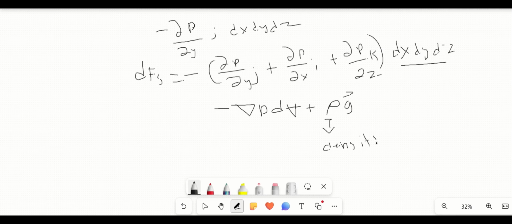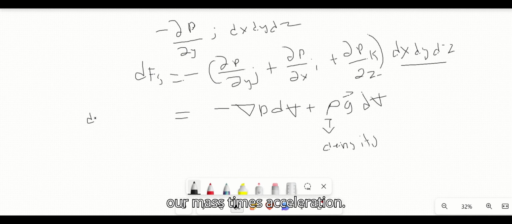Density times dv, so density, dm over dv, dv, and m times g. So negative del p dv plus rho g dv is going to be our mass times acceleration, right? So that's our statics equation right there.